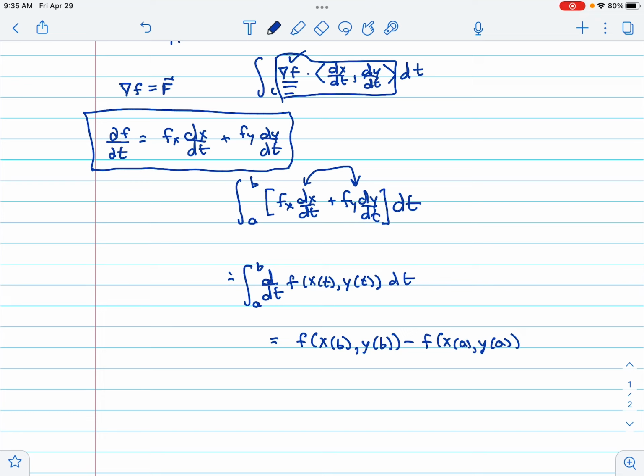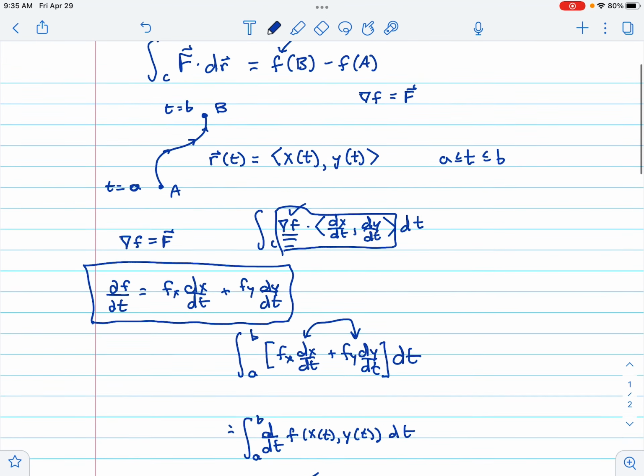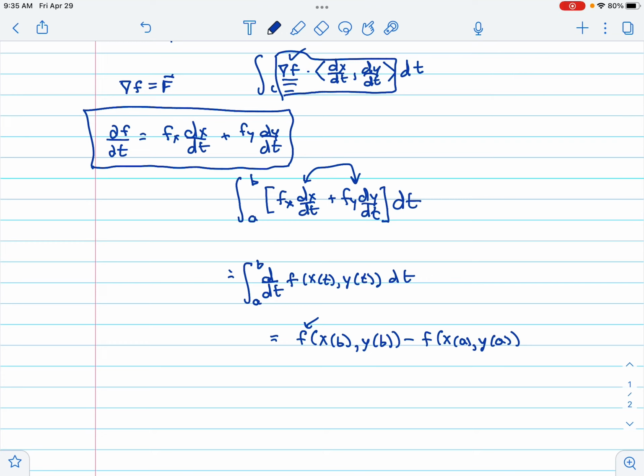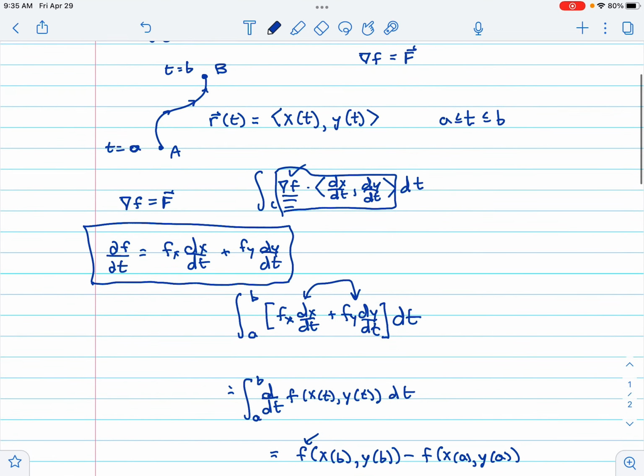And now notice f is the potential function. So we've used the fundamental theorem of calculus. The terminal point, we started at A and went to B. Well, x of B is the x coordinate of the point B, y of B is the y coordinate of point B, and x of A and y of A are the coordinates of A. So really, all we did was get the antiderivative and plug in.